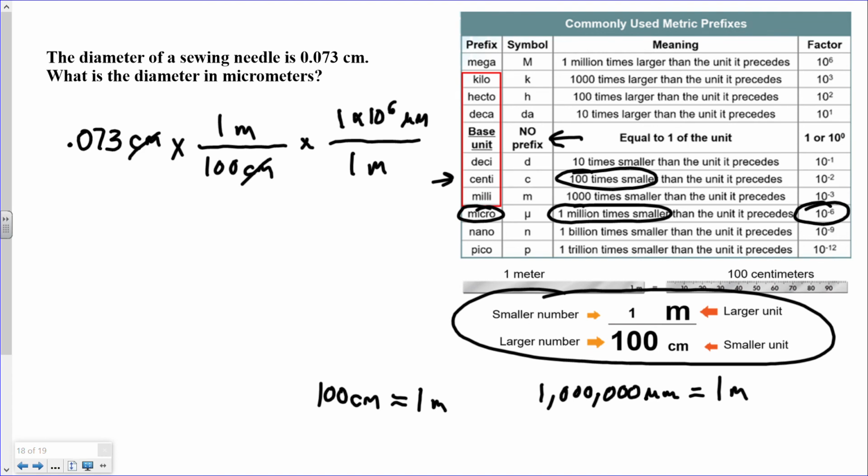We say 1 times 10 to the 6th because it is a very large number of very small units that equals 1 meter. So now when I punch this in the calculator, 0.073 times 1 divided by 100 times 1 times 10 to the 6th divided by 1, I get 730 micrometers.